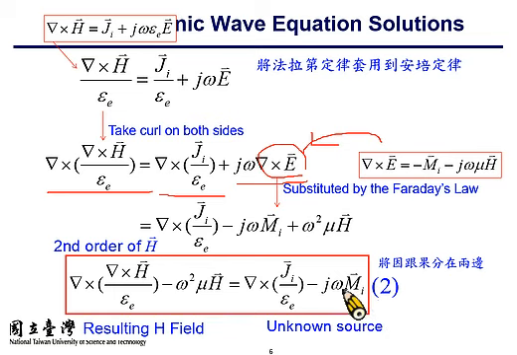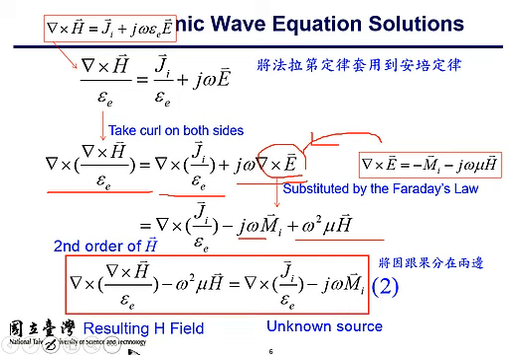That is, you can replace curl of E with the magnetic impressed current and induced currents due to the time derivative of magnetic field intensity H. By substituting curl of E into this term, you have minus j omega mi plus omega to the square mu H. So this is the first-order time derivative, and this is the second-order time derivative because you have the omega to the square term.